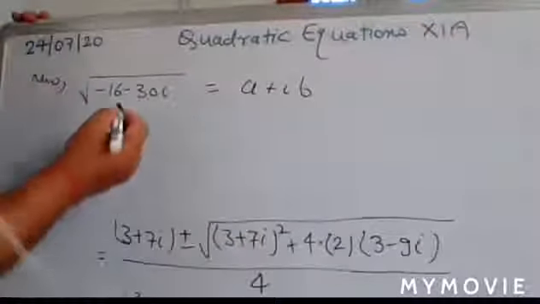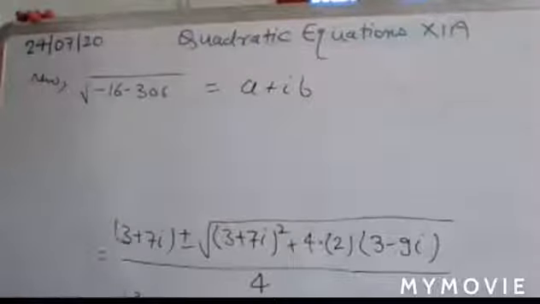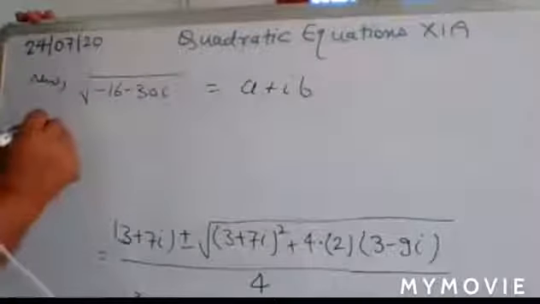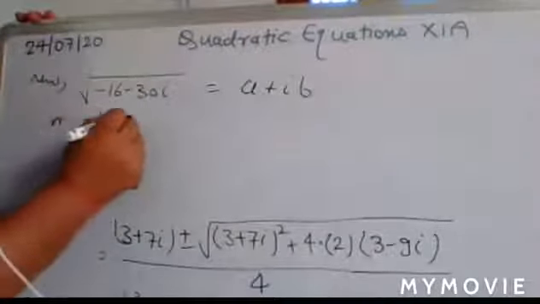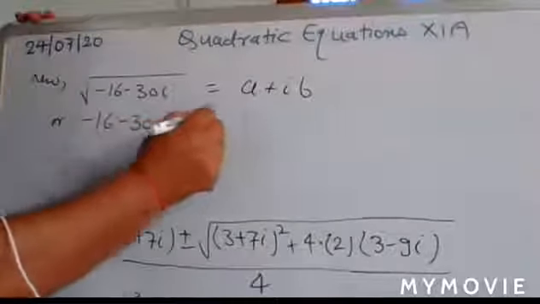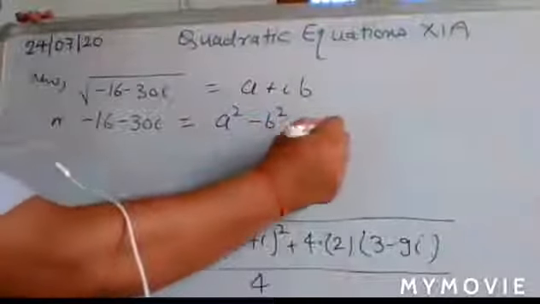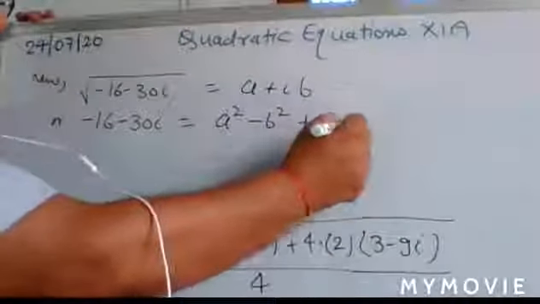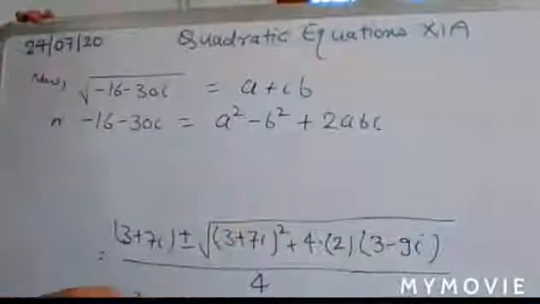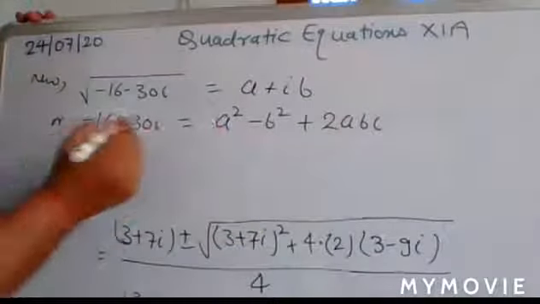Suppose the value of this one is a plus ib. Now squaring both sides, you have minus 16 minus 30i is equal to a square minus b square plus 2abi. Now comparing both sides.